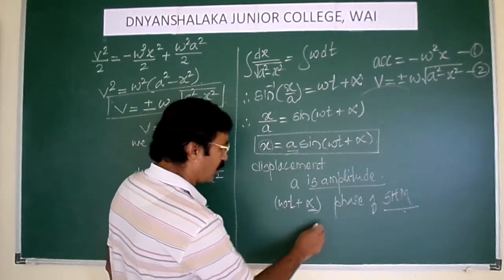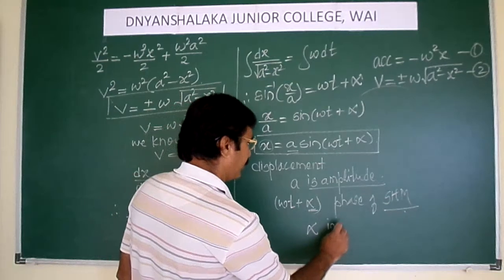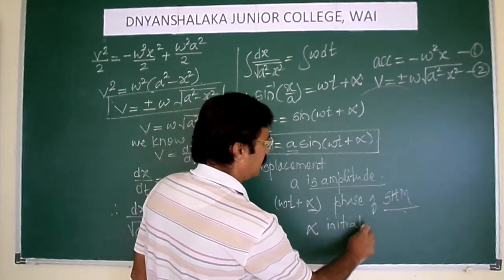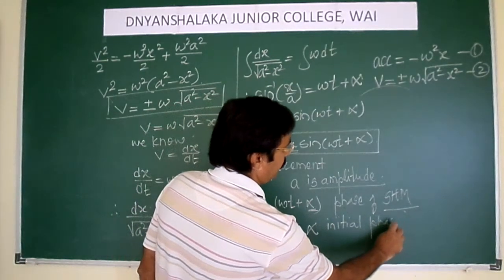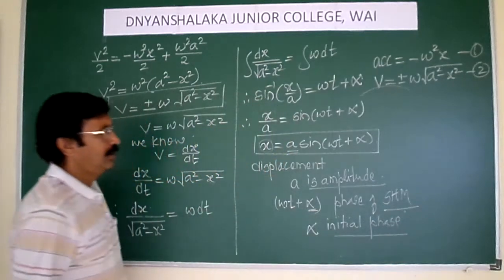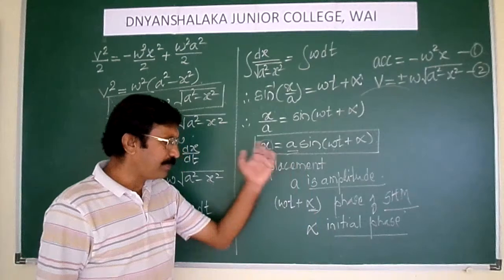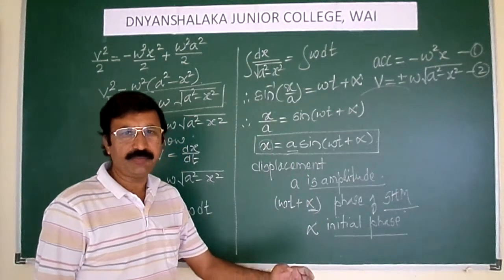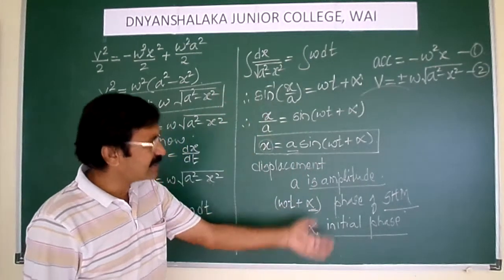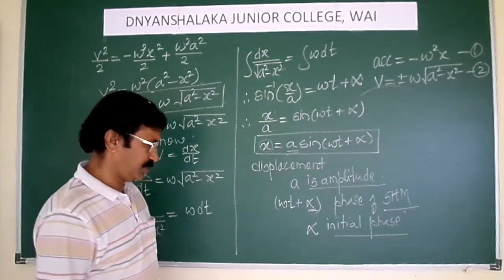Alpha is called the initial phase. This alpha is going to decide where the particle is present at the start of the simple harmonic motion.